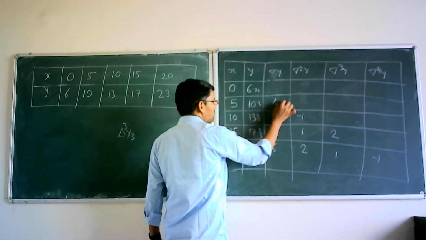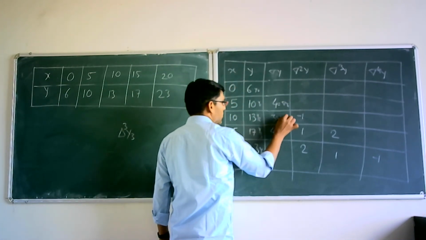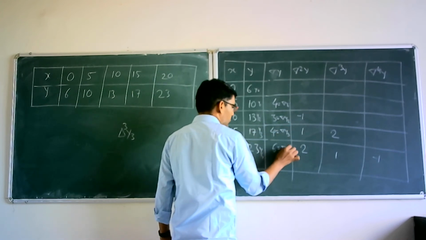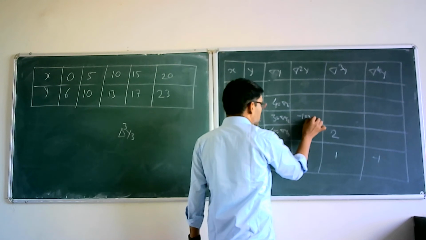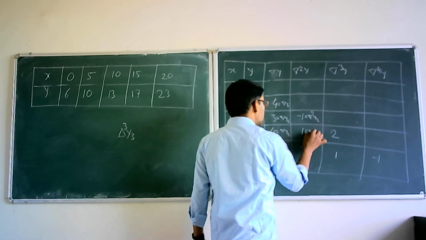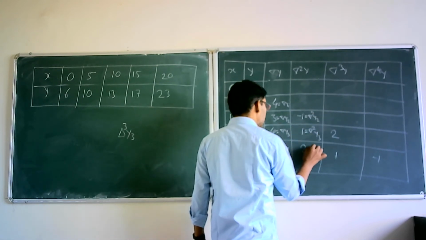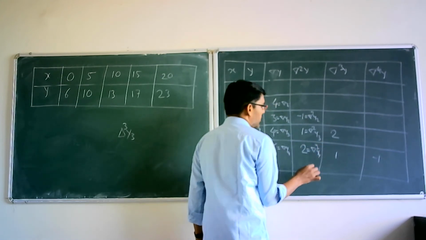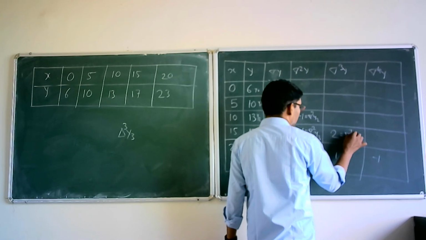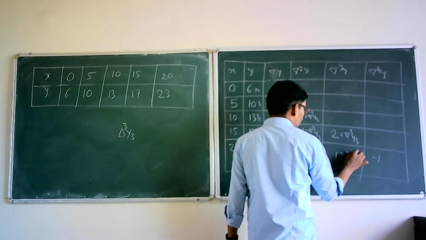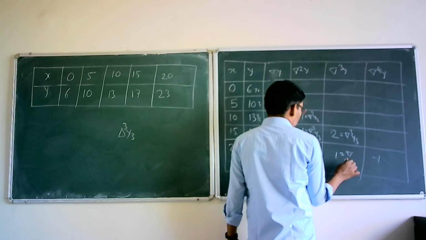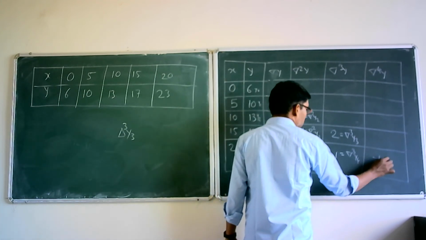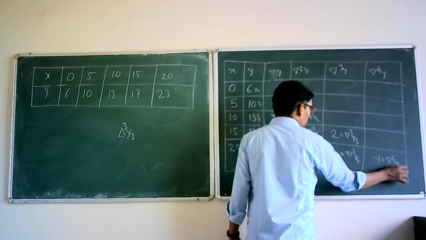So this is del y1, del y2, del y3, del y4. This is del square y2, del square y3, del square y4. Next, del cube y3, del cube y4, and last, del 4 y4.